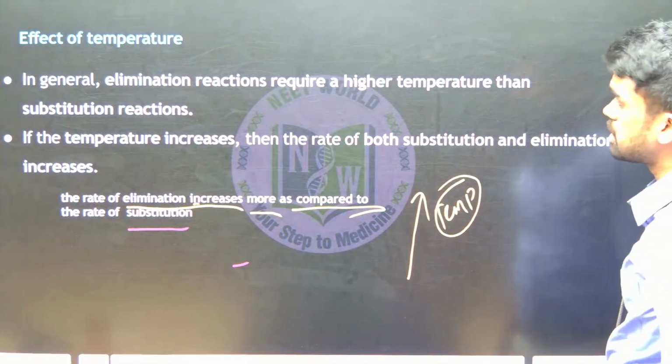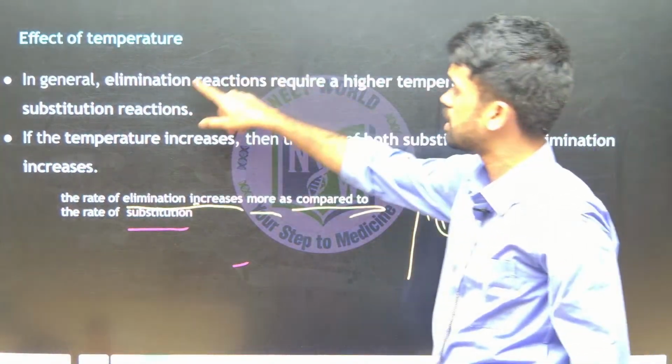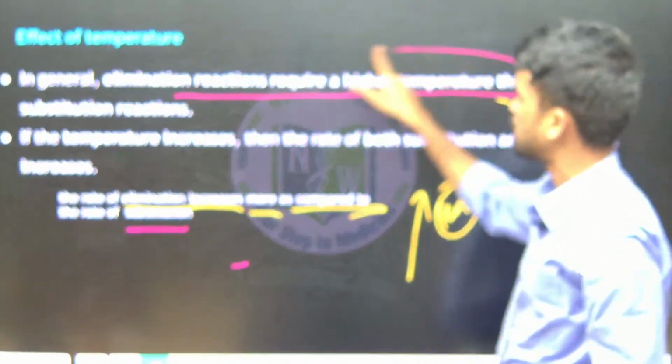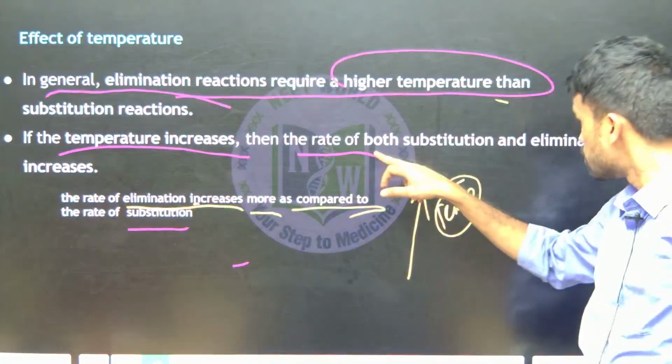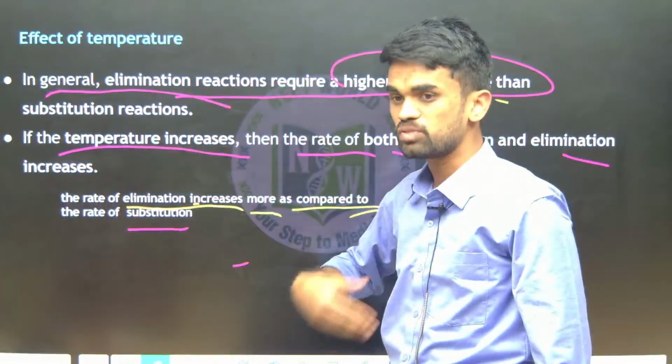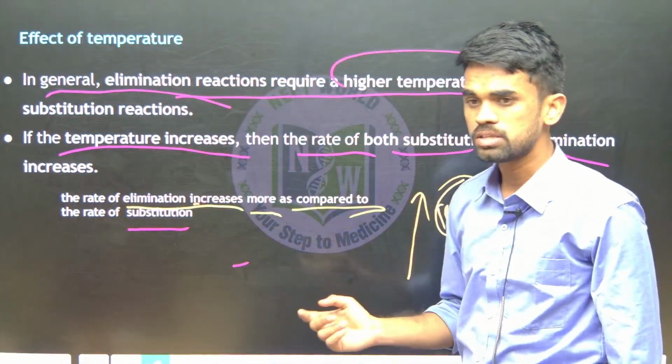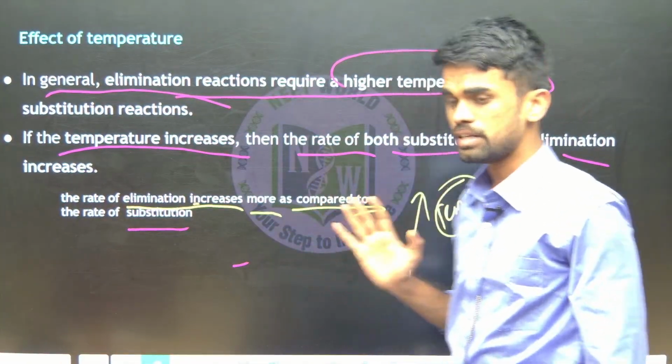So what is the effect of temperature? Elimination reactions require higher temperature than substitution. If temperature increases, the rate of both substitution and elimination increases, but elimination is favored more compared to substitution at higher temperatures.